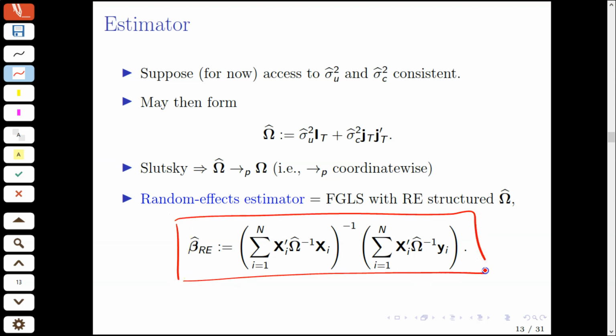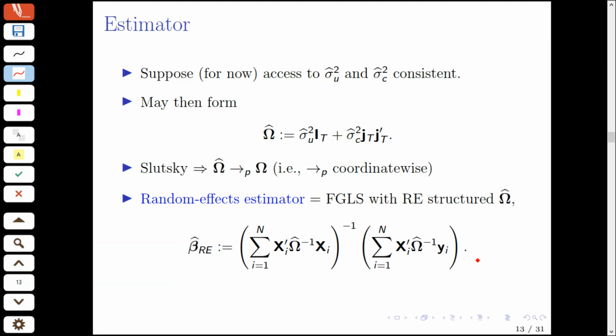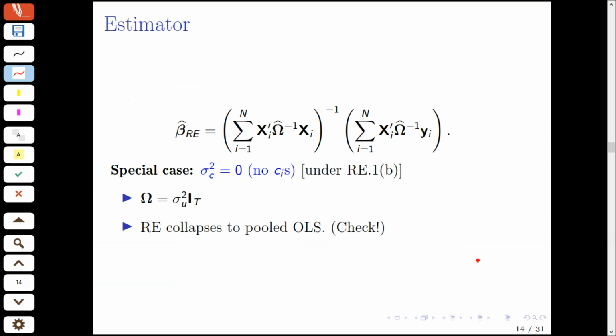Formulaically, the feasible GLS estimator is in our case given by this expression. Before we proceed to talk further about the structure of this estimator or what it does, let's consider a special case thereof, namely the case where the variance of the individual effect is 0. Now remember that under the second random effects assumption, the individual effect has mean 0, such that having a 0 variance means that there are in fact no individual effects.